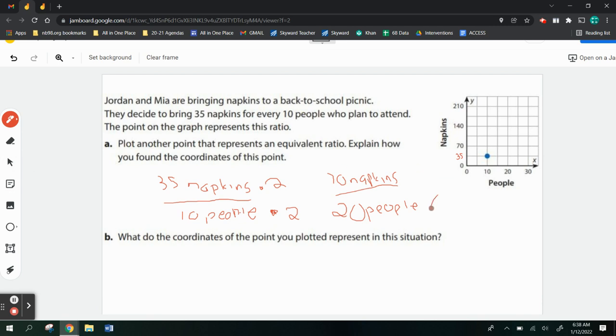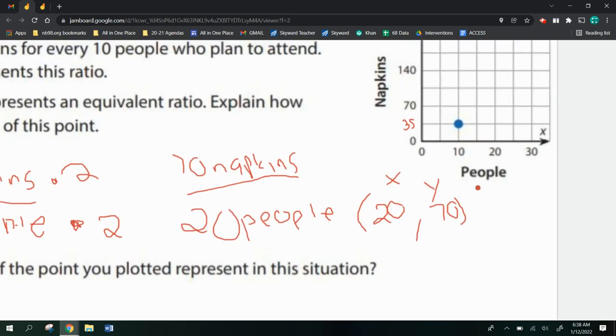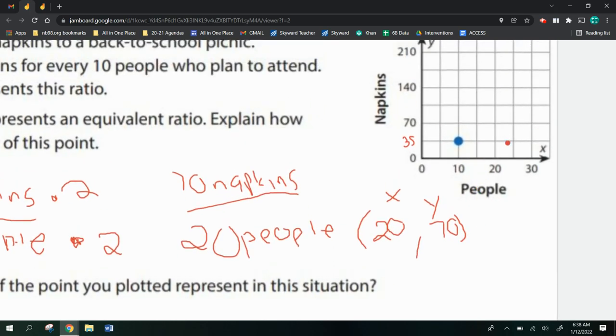I'm going to write that as a point. People is the x-axis, so this is x. So 20, and then y is going to be the number of napkins. The y-axis is right here, that's napkins. Now that I have the point, I'm going to go here. So 20, start at the origin, go to the 20 on the x-axis, and then go up to 70.